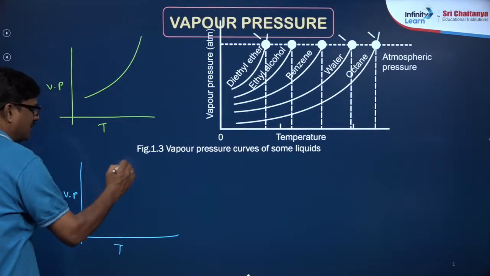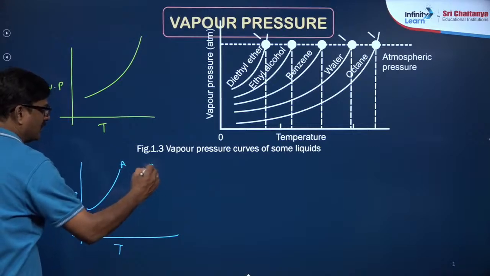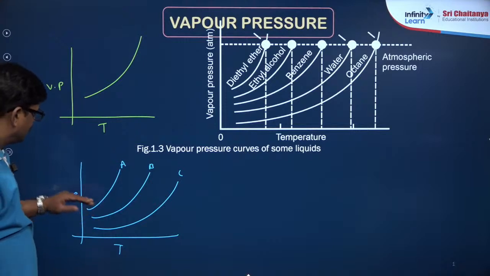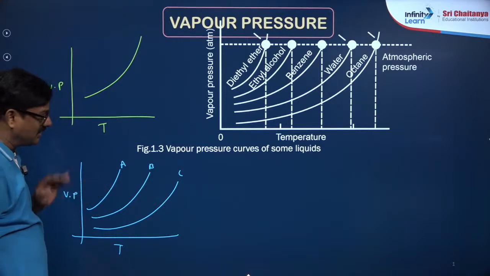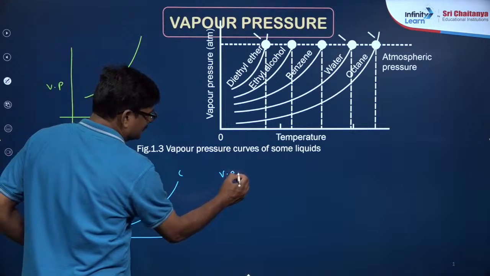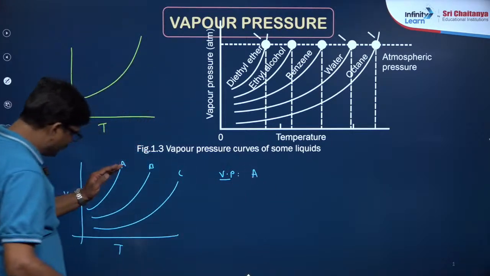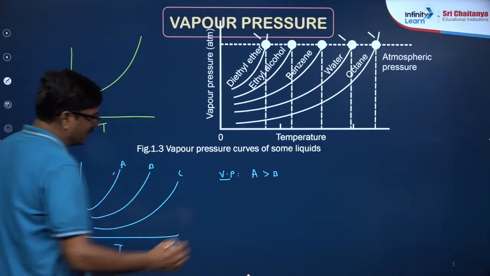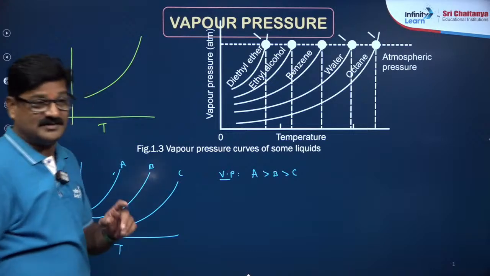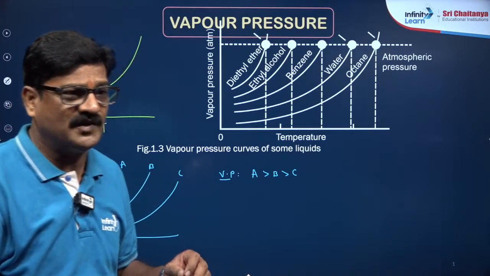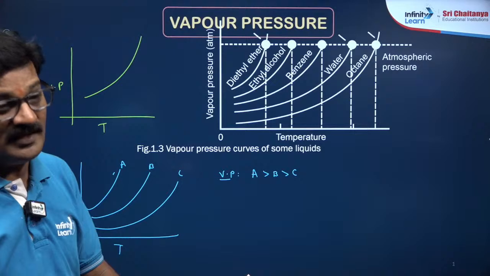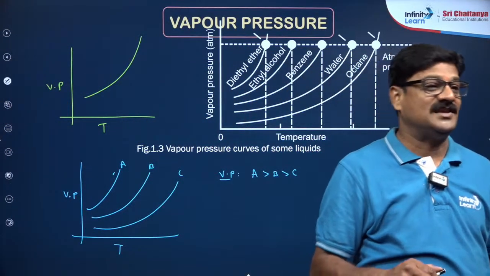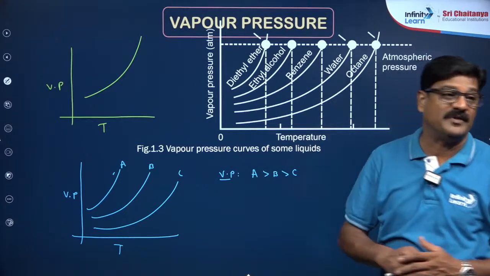I have given the curve for liquid A, liquid B and liquid C. At a given temperature, the vapor pressure of A is higher, B is a little lower, and C is lower still. So vapor pressure increases with increasing temperature exponentially. Yes, Ravindra Reddy, that is explained on the basis of the Clausius-Clapeyron equation, which will come in the next slide.